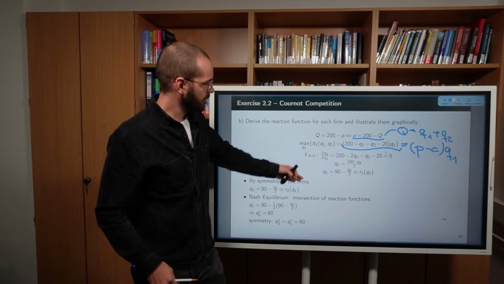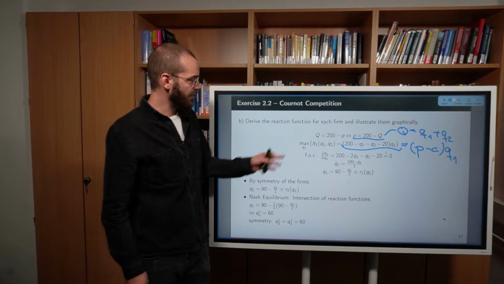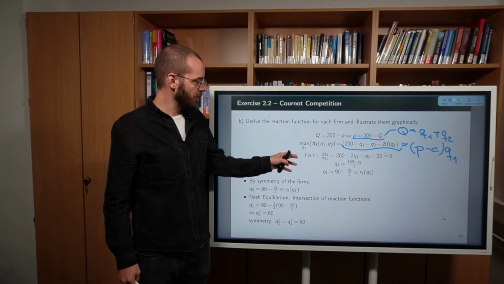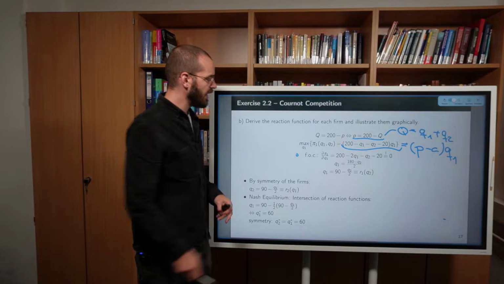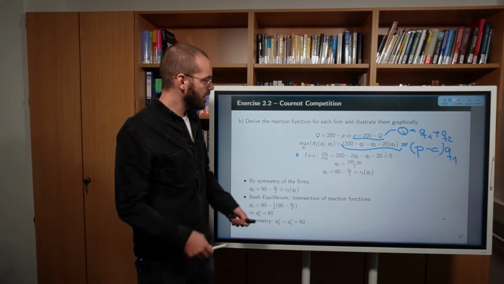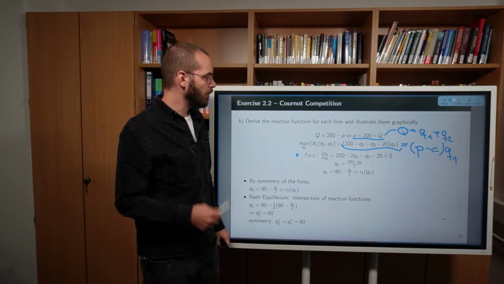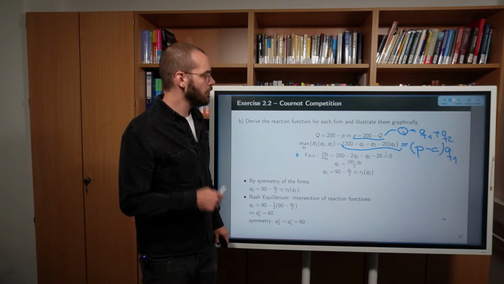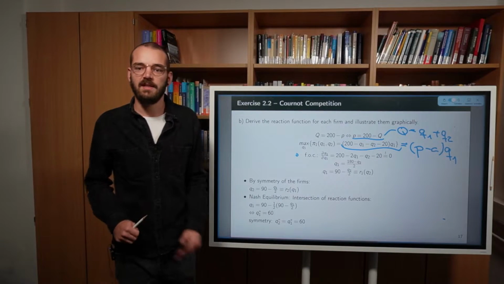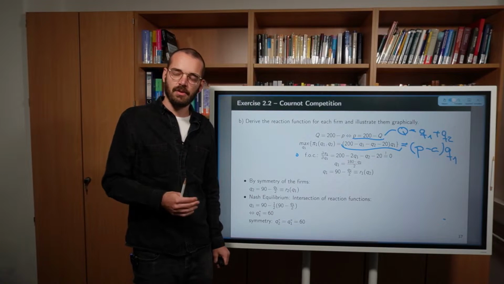Okay, this of course yields a first order condition for the maximum, which is written down in the third line on the slide, which reads 200 minus 2 times Q1 minus Q2 minus 20, which all must equal 0 in order for this first order condition to hold.